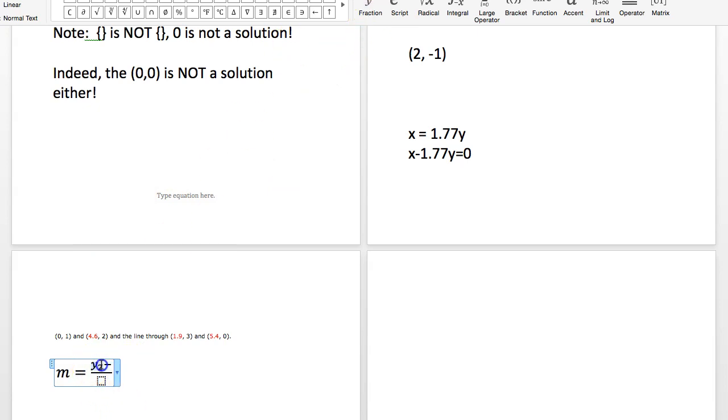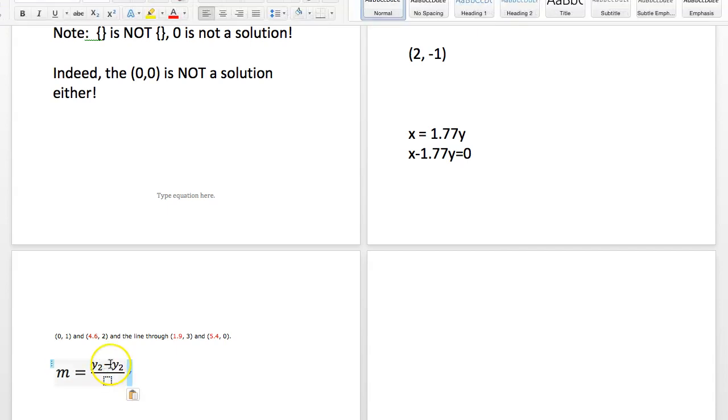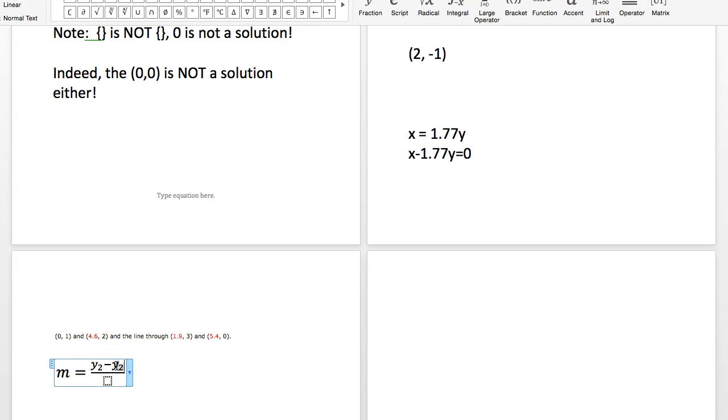Let me just copy y2, and then I can alter as I need to. Y2 minus y1, and I'm going to erase that, put y1 over x2. So x2, then minus x1. So that needs to be changed altogether to x1.